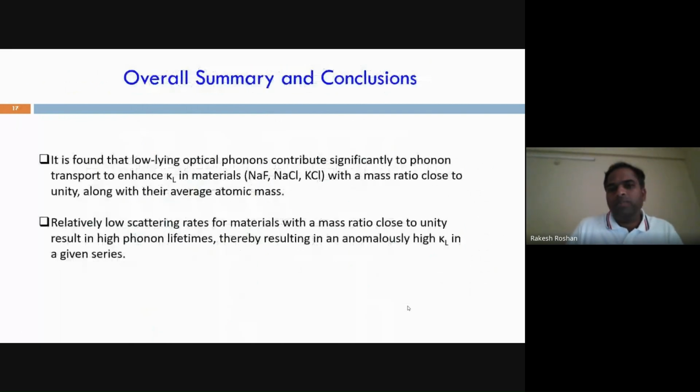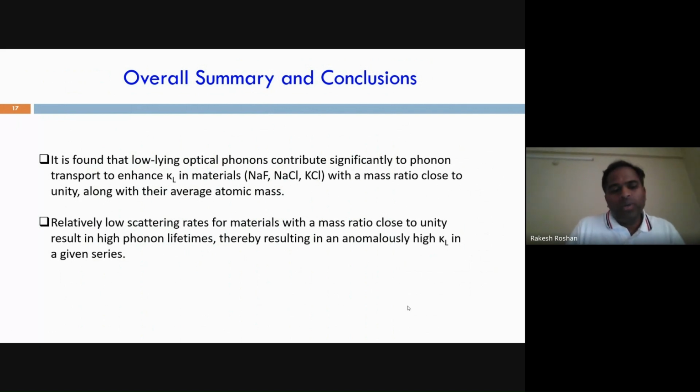So the overall summary and the conclusions from the current work are that the low-lying phonons contribute significantly to the phonon transport to enhance the KL in materials like NaF, NaCl with a mass ratio close to unity along with their average atomic mass, and the relatively low scattering rates. So basically, the scattering rates are exactly inversely proportional to the lifetimes.